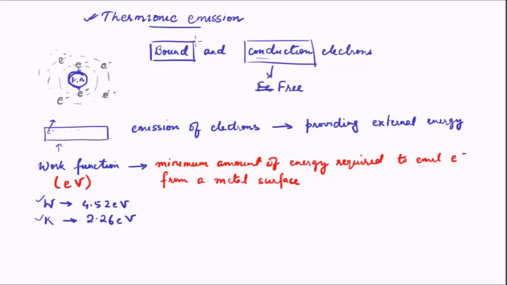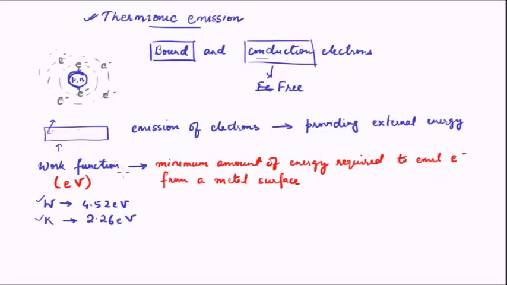So basically, if we cause emission of electrons by supplying heat as the source of energy, then the emission of electrons in such a case is known as thermionic emission. So the emission of electrons from a metal surface when heat energy is imparted to it is basically thermionic emission.